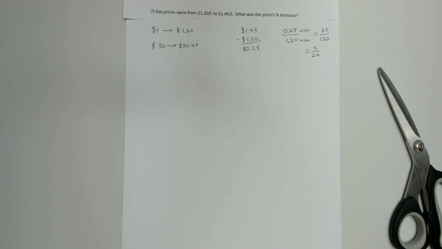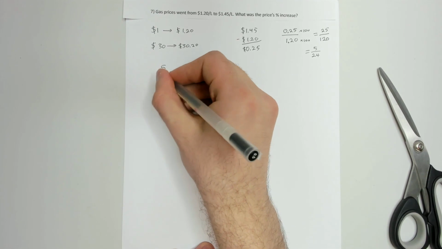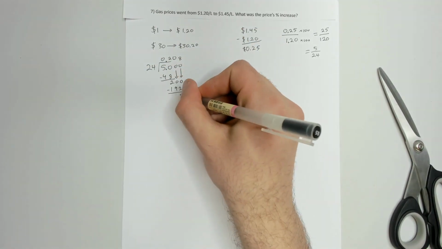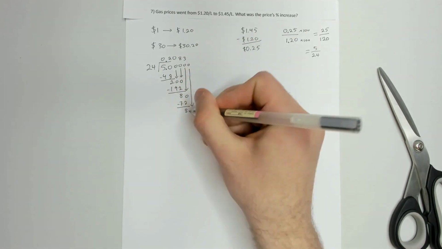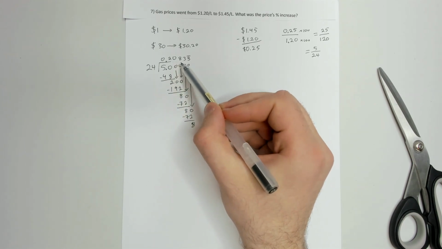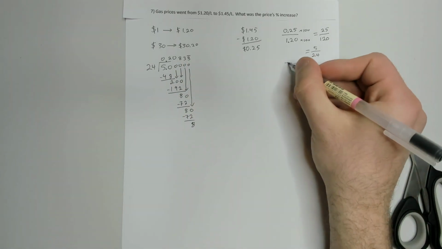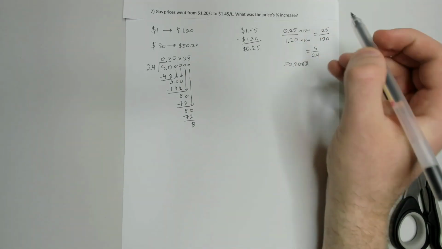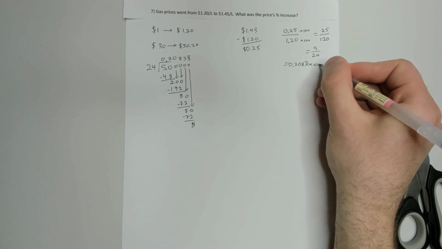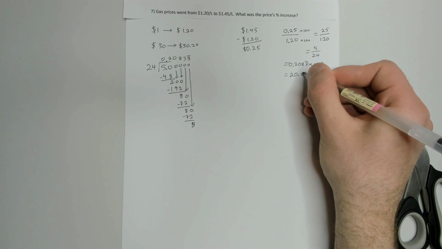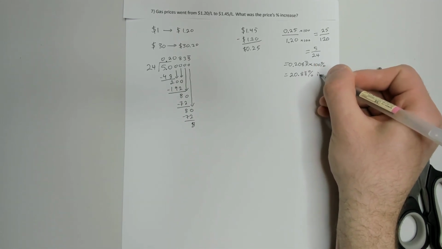And from here, we are going to have to calculate what the actual decimal is. So doing some long division, we're going to get 0.2083 repeating, which, to make this into a percentage, we multiply by 100%, which is going to slide this decimal over by 2, and we're going to get 20.83 repeating percent increase.